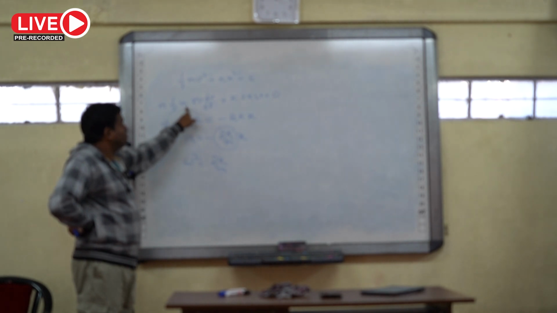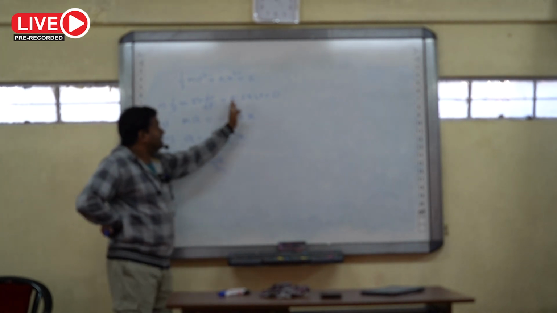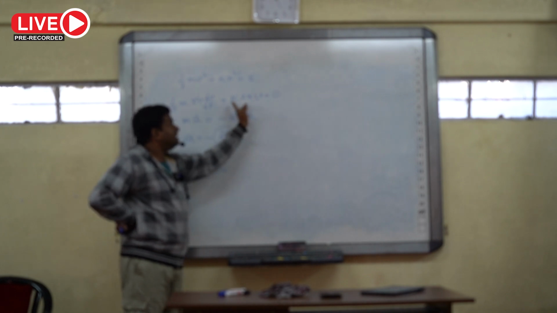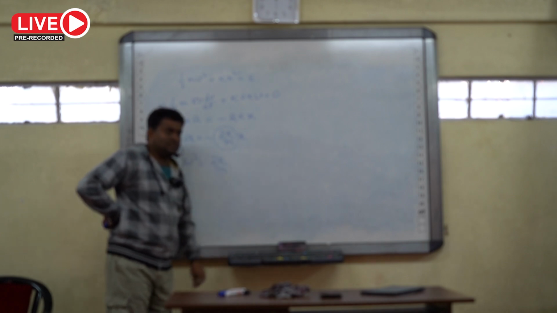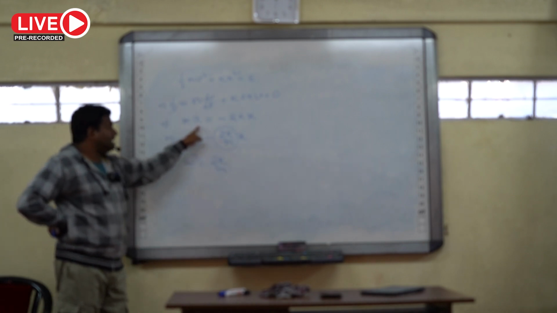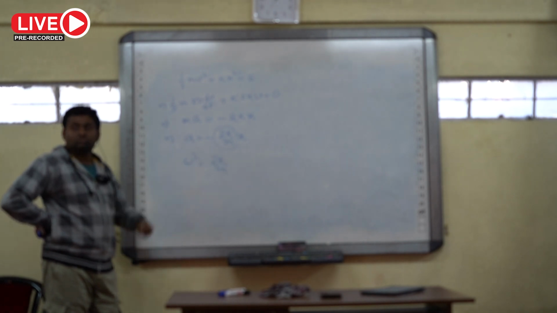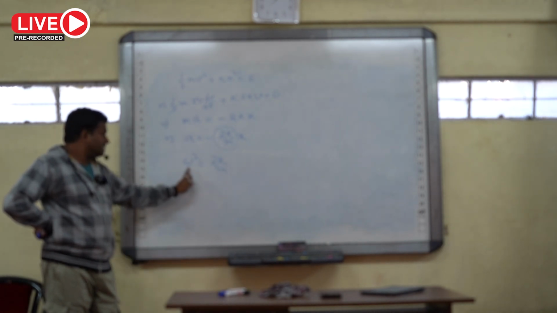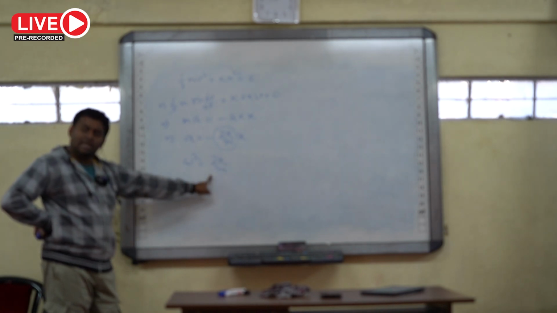After cancelling 2, it will be mv dv/dt, and this term taken to that side will be minus 2kx v. Cancel v from both sides and you get ma equal to minus 2kx, then a equal to minus 2k by m into x. Omega square is this coefficient, 2k by m.